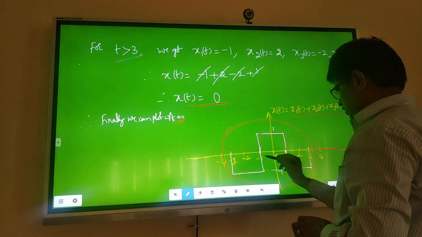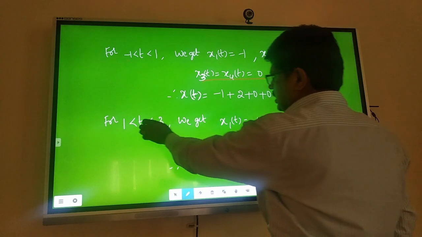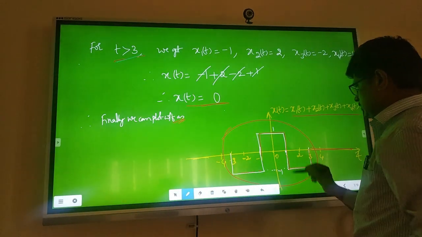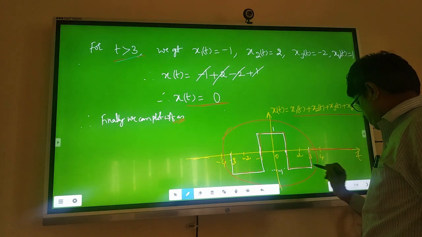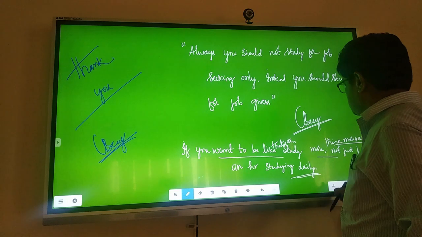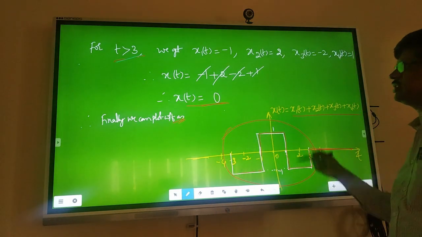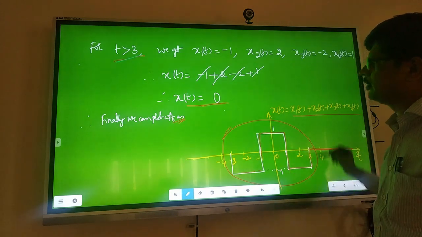That's what I plotted. And next is t greater than 1 and less than 3, its value is minus 1. Therefore, lastly, t greater than 3, its value is 0. See this? 0. That's all. This is how you can solve any problem. Finally, you will get this waveform plotted.